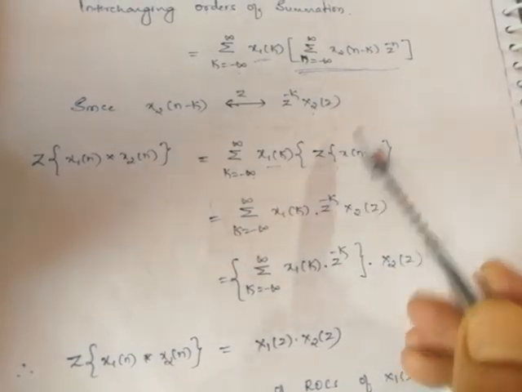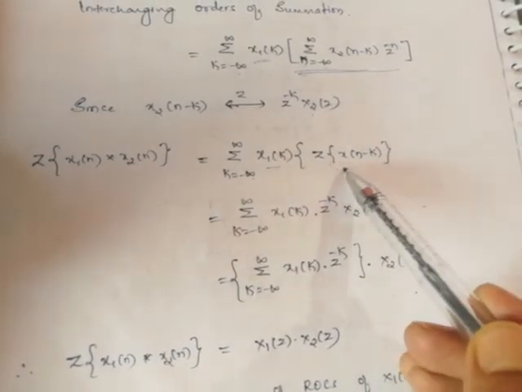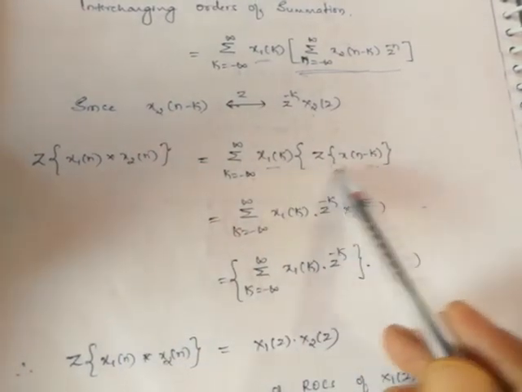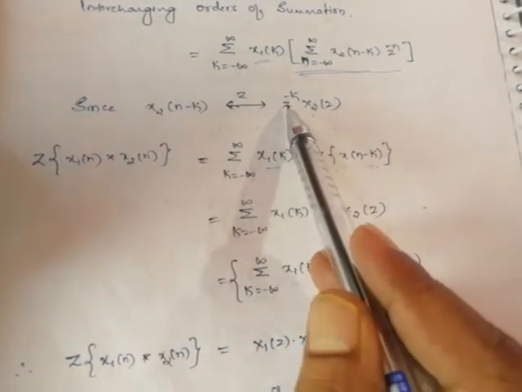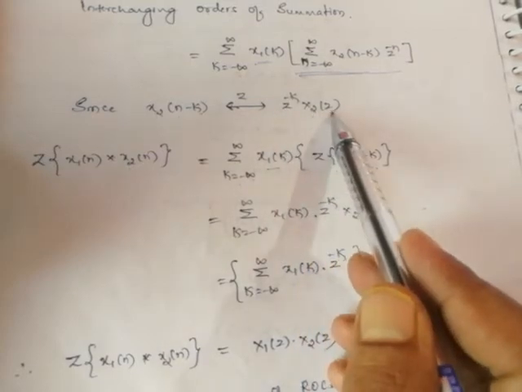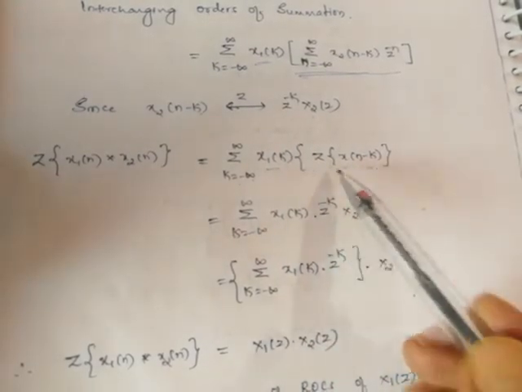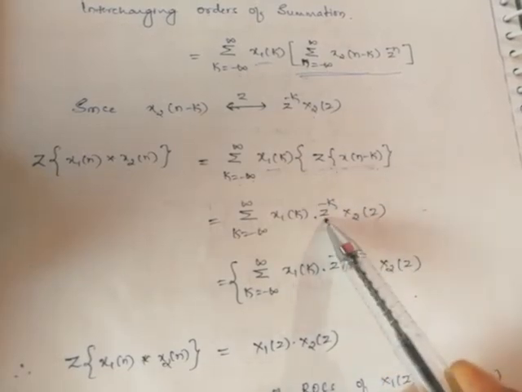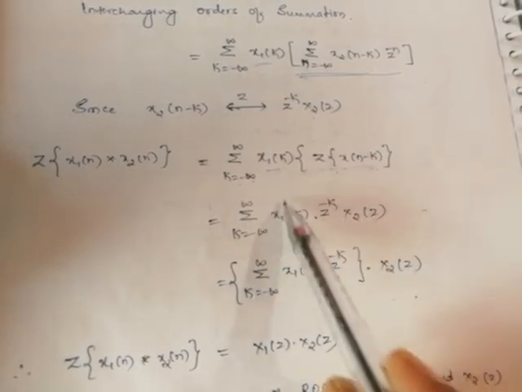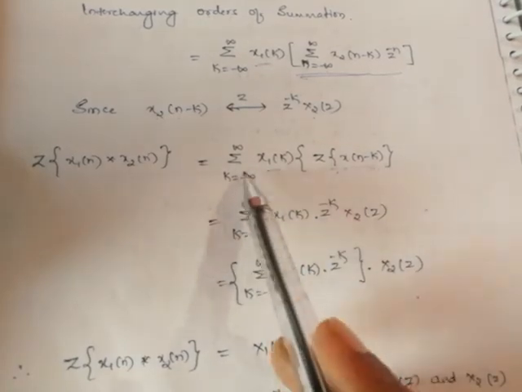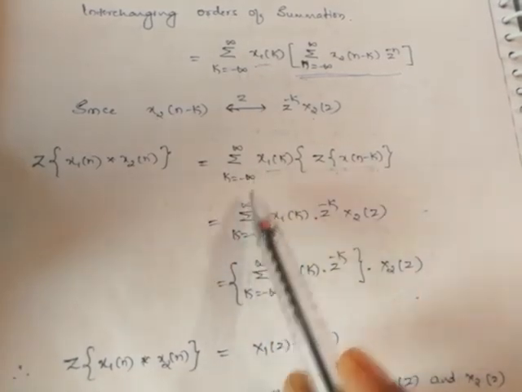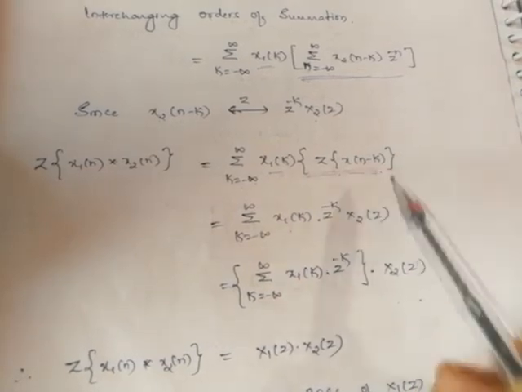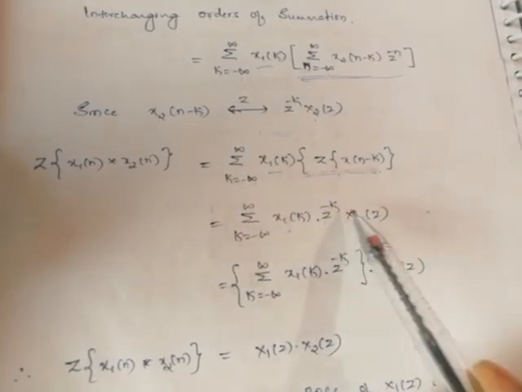Replaced using the time shift property, this becomes z to the power minus k into x2 of z.